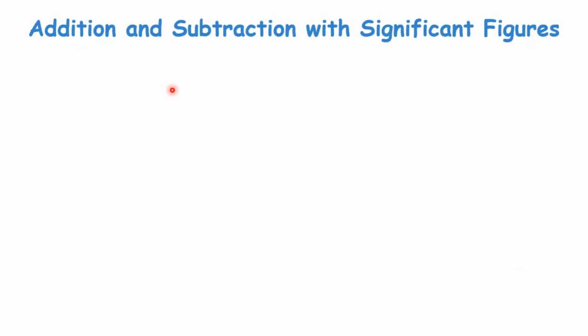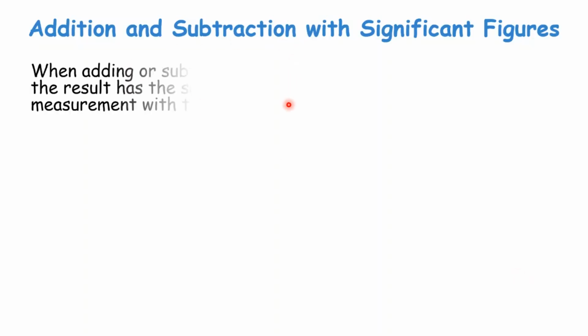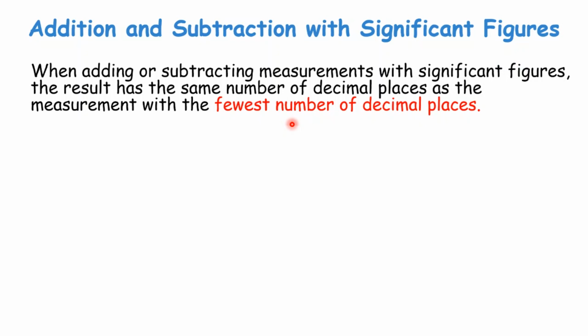Let's move on to addition and subtraction. Now we follow a different rule. So we don't pay attention to sig figs anymore. Instead, the result has the same number of decimal places as the measurement with the fewest number of decimal places.